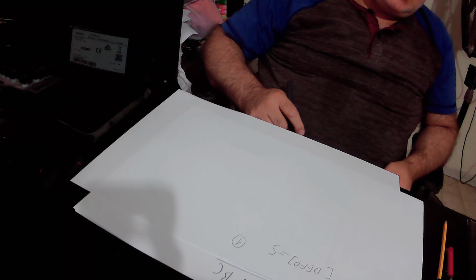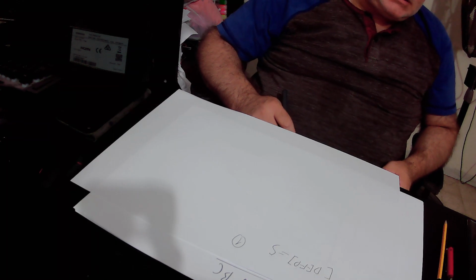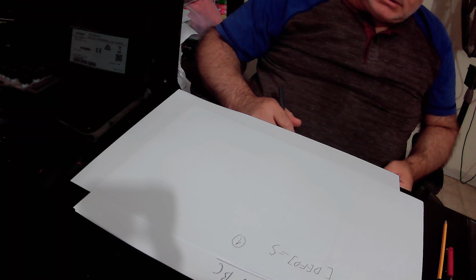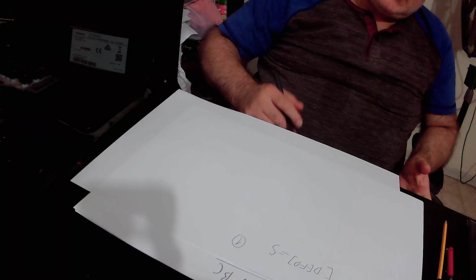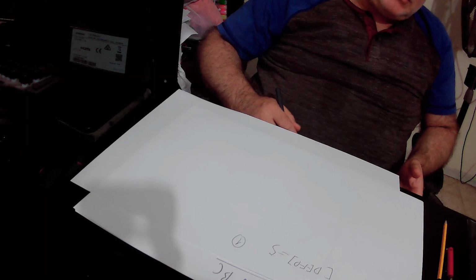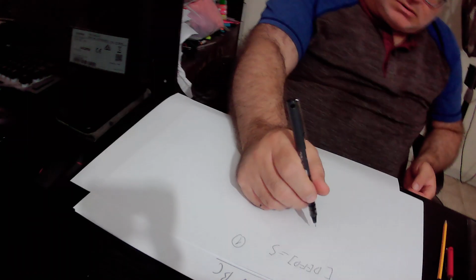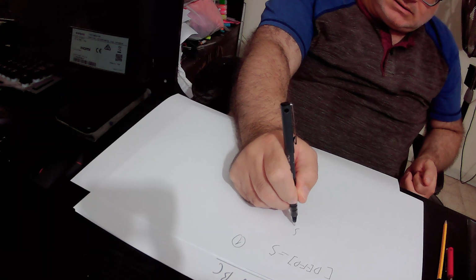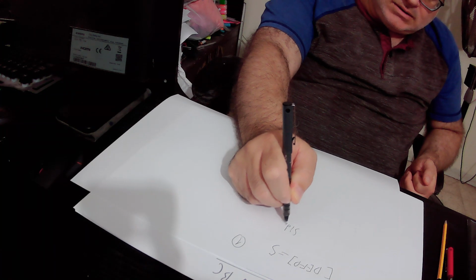And we know that the area of any square is equal to the side squared. Because all the sides of the square are equal to each other, the area of any square is one side squared.